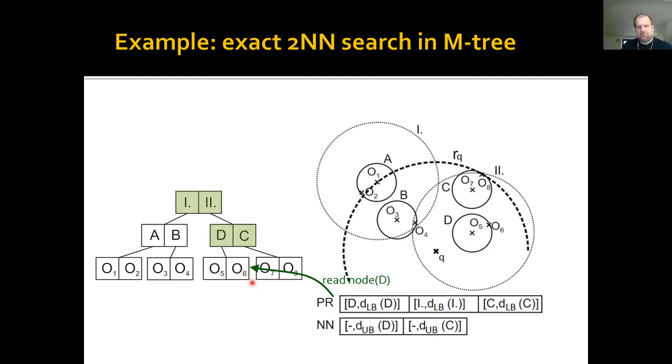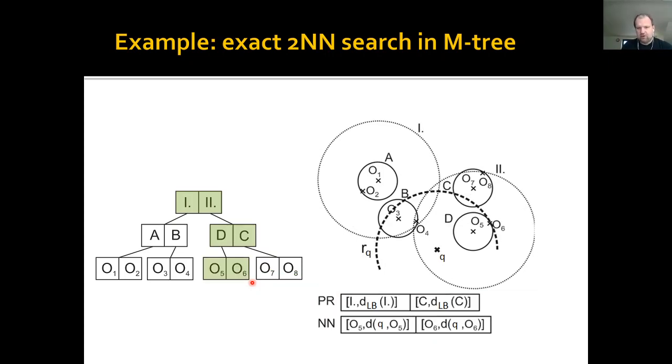And this is a huge improvement because once we get to the leaf level, everything will get much tighter. So now we get some real candidates to two nearest neighbors. So we have 05 and 06 as these candidates. So again, we updated everything.